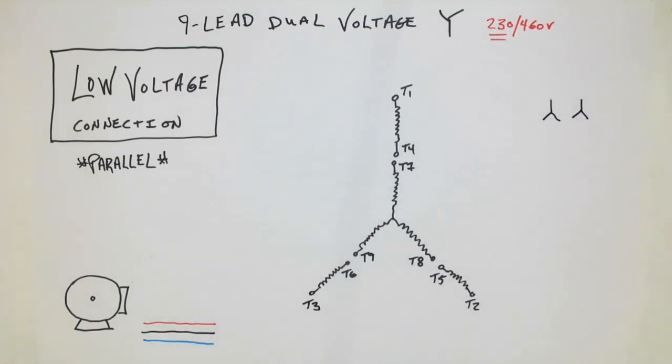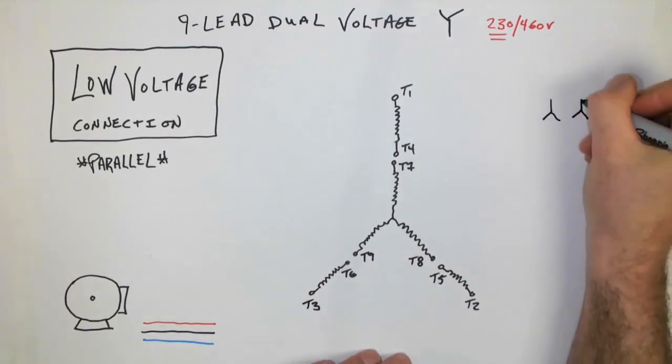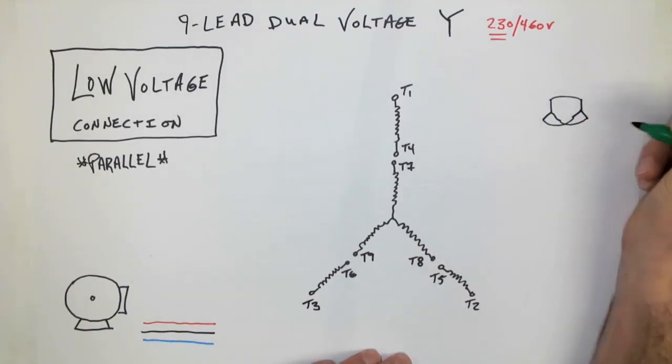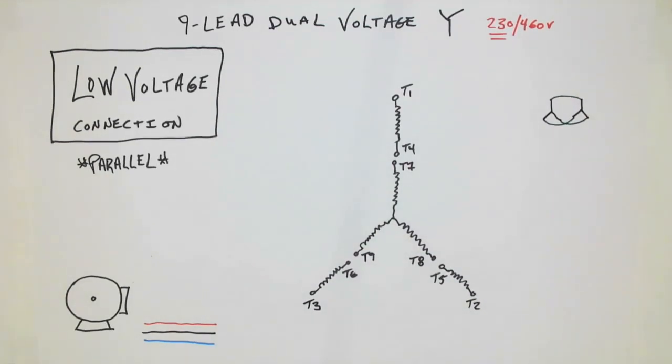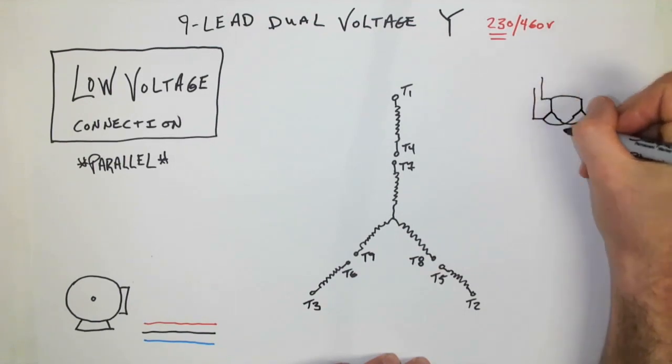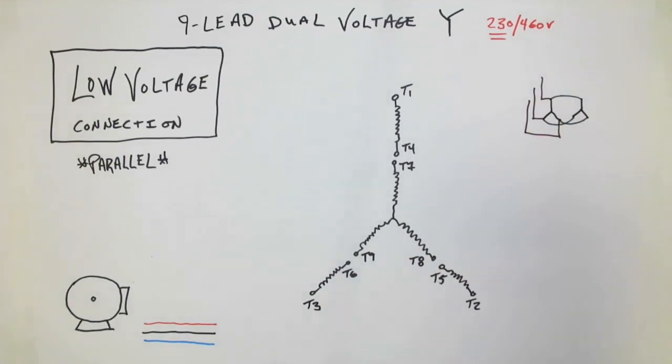They'll show 2 Y-connected windings, along with the source voltage coming off.